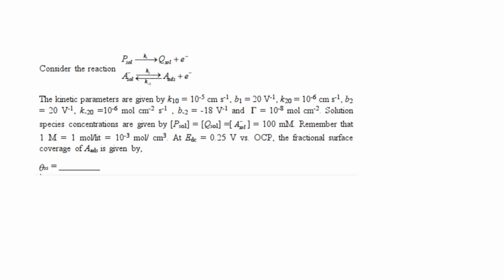You're supposed to find theta SS, that is the fractional surface coverage at steady state. So you all know what the first step is. You're supposed to write the site balance. How do you write the site balance? Something like gamma d theta by dt equal to the site balance based on the reactions which involve the sites. Please do it.